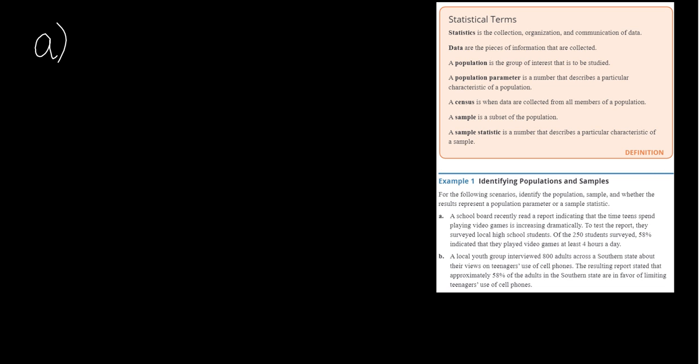Okay, so let's do this. We want to identify the population, so let's do pop for population. We also needed to know the sample, and whether it represented a population parameter or a sample statistic.